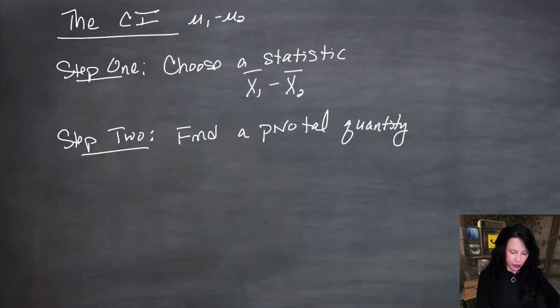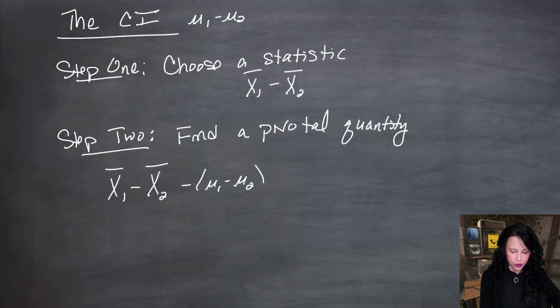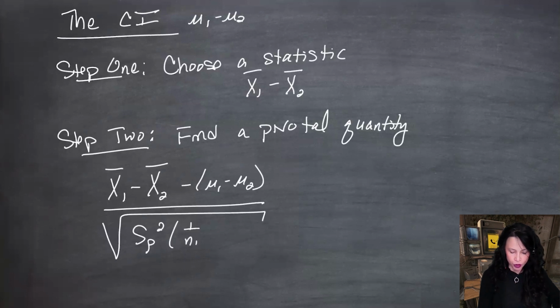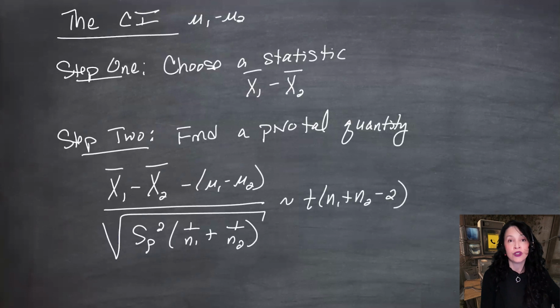We just did all that work. We're going to use x1 bar minus x2 bar minus mu1 minus mu2 over the square root of sp squared, the pooled variance, 1 over n1 plus 1 over n2. And note that this has a t-distribution with n1 plus n2 minus 2 degrees of freedom.